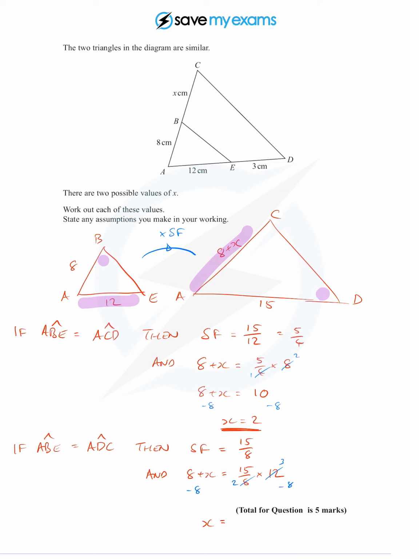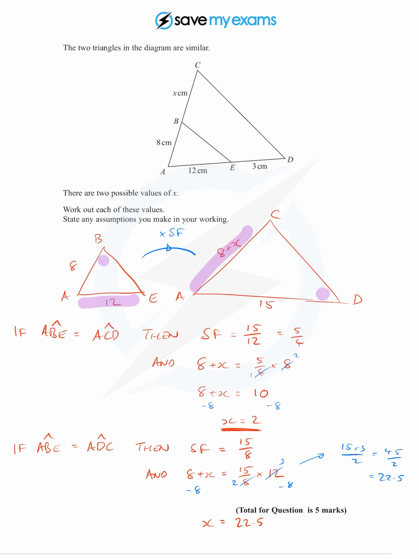well, let's have a look at this bit. 15 times 3 is 45 over 2. Okay, so that's 45 over 2, or if you like, 22.5. Okay, let's just explain that at the side here. 15 times 3 over 2 is 45 over 2, or 22.5.